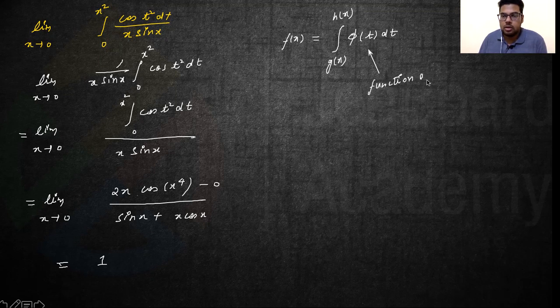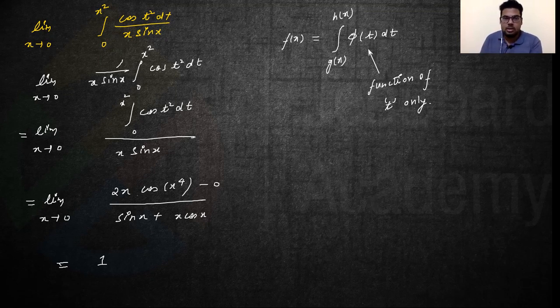of t only, right? If there is any variable involved apart from t which we cannot separate, right? In this particular question, we have separated x and sin x and taken them out of the integration, but sometimes it may happen that you cannot take it out of the integration.